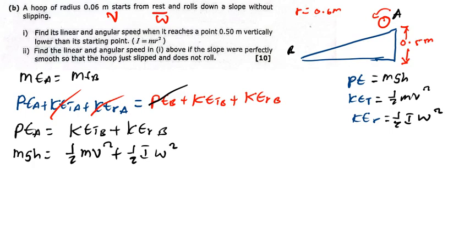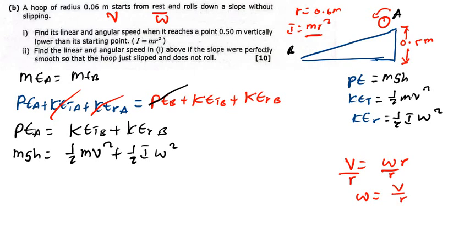We've been told that inertia is mr squared, so I'll replace inertia with that. Let's also find a way to manipulate w. v is always given by wr. To make w the subject, divide both sides by r, so w is v over r.